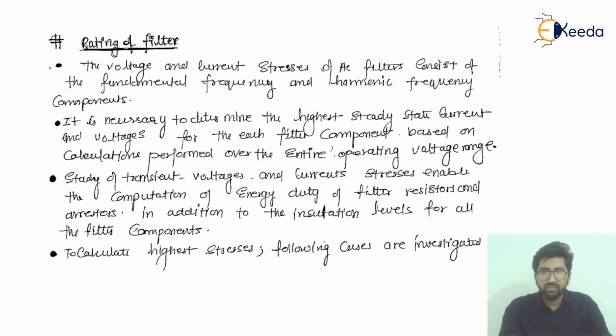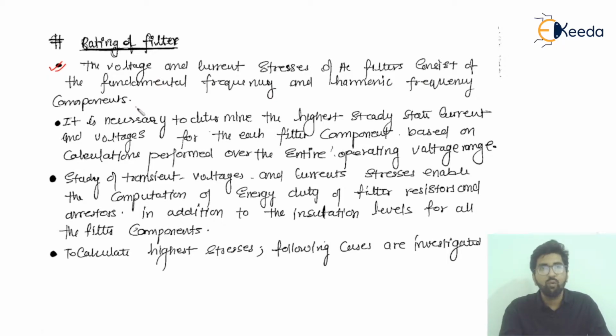Let's first read the first point: the voltage and the current stresses of the AC filter consist of the fundamental frequency and the harmonic frequency components. It is saying that if we talk about the AC filters, they will have voltage and current stresses, which consist of the fundamental frequency and also the harmonic frequency components.